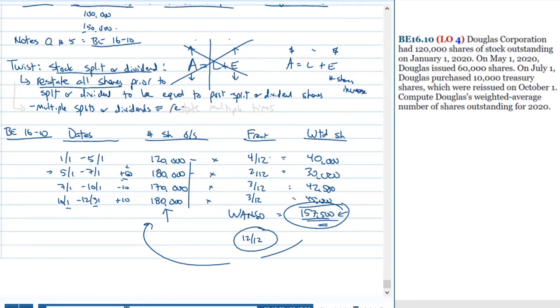So everything before the second split has to get restated for the second split, or everything before the second stock dividend has to get restated for the second dividend. So if you have multiple splits or dividends, the earlier shares that existed at the beginning of the year will have to get restated multiple times. All right, so that's another twist that you have going on there.